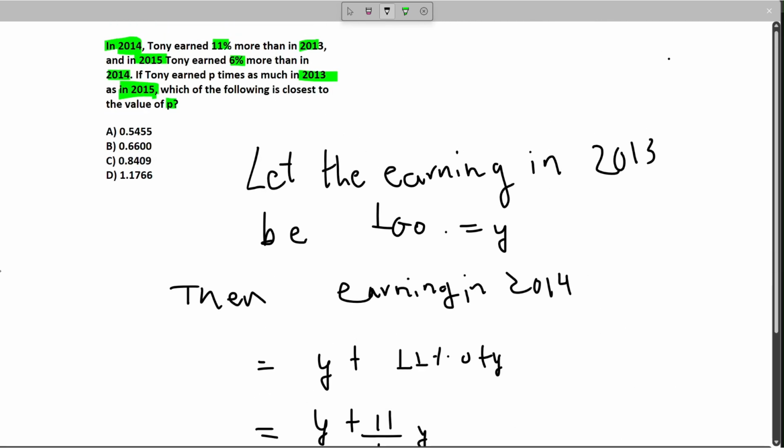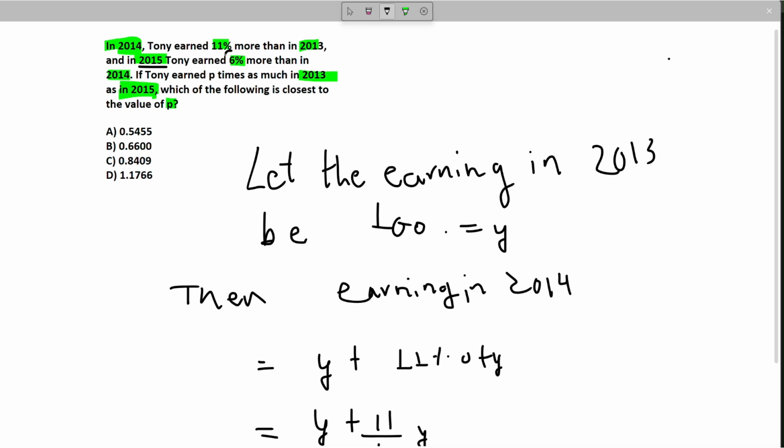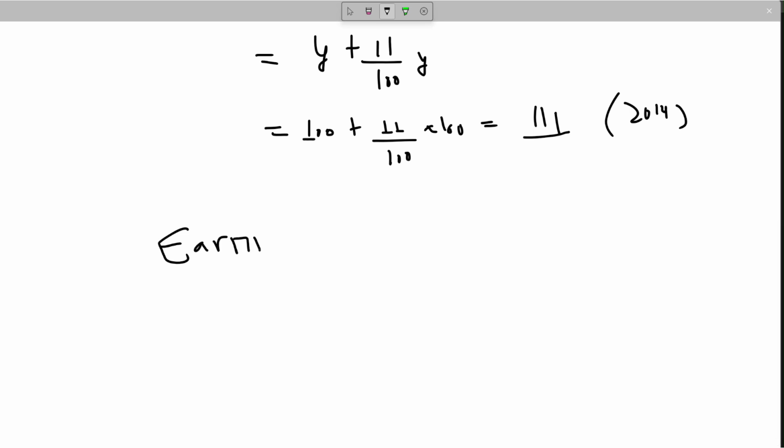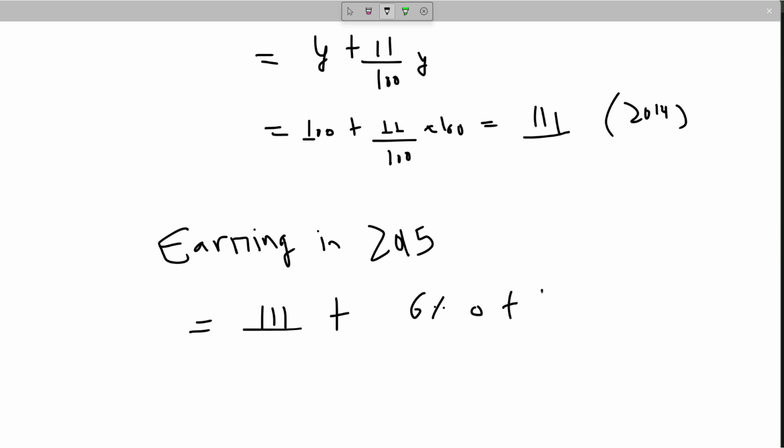Similarly, what we have said here is the earning in 2015 is 6% more than that in 2014. So the earning in 2015 is equal to 111 plus 6% of 111.